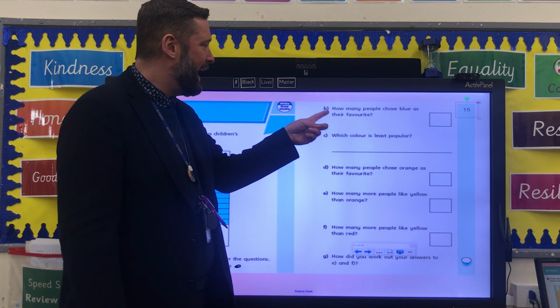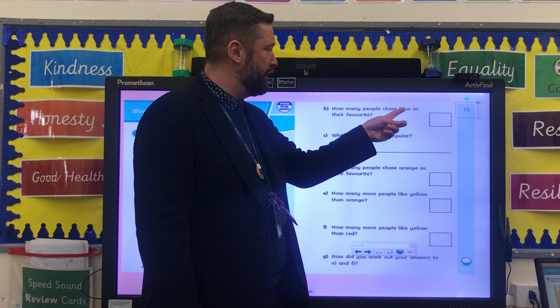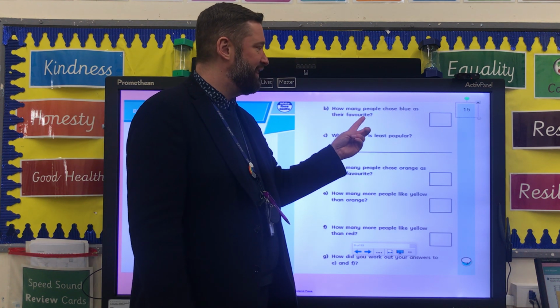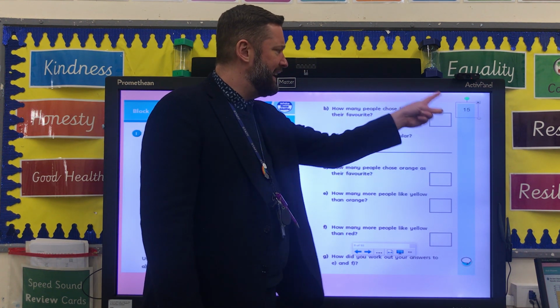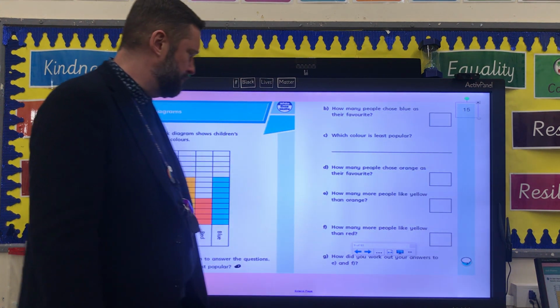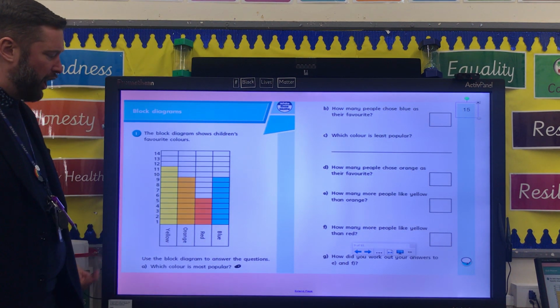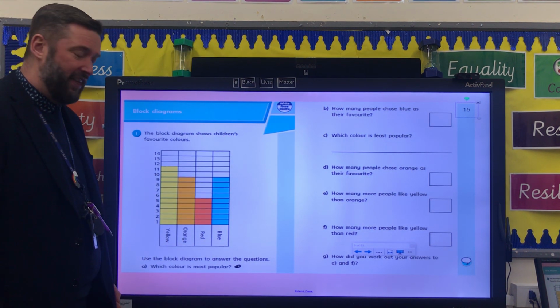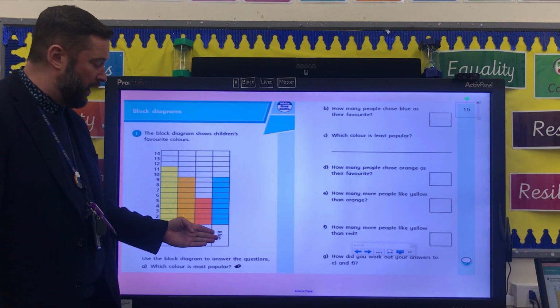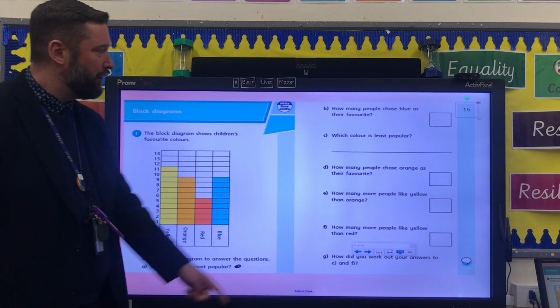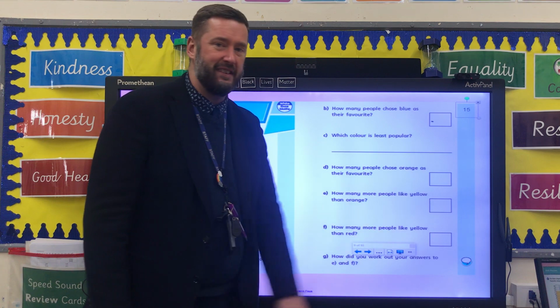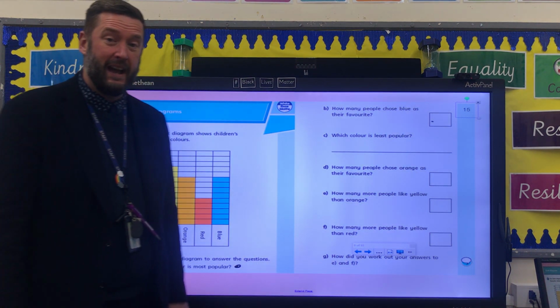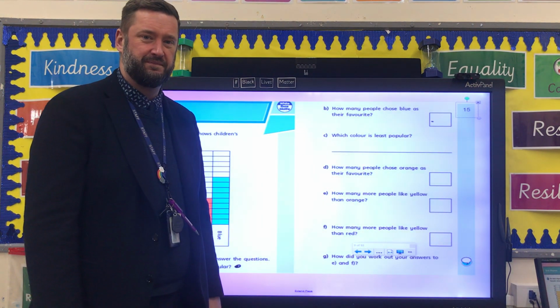B, how many people chose blue as their favourite? We're going to write the number in here. How many children chose blue? Well, which block are you going to have to count? That's right, the blue block. Count the blue block and put the answer in here. Pause the video now and do that.